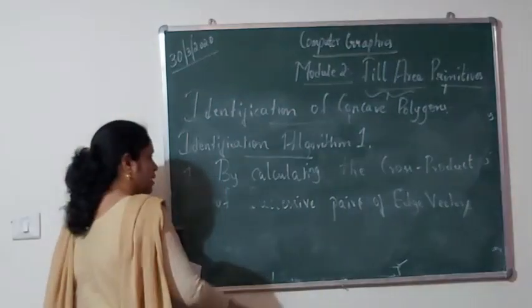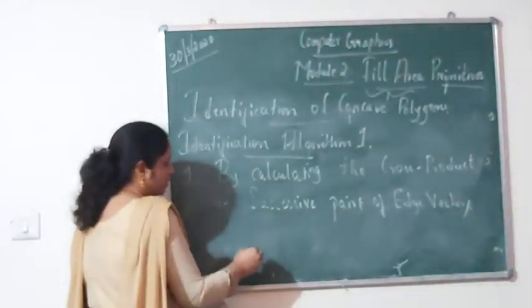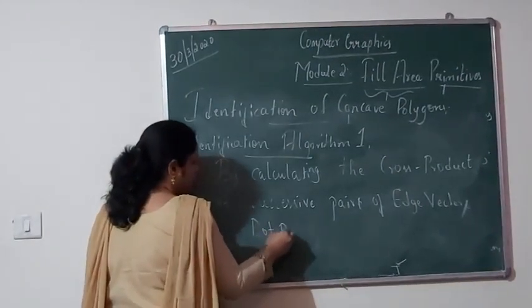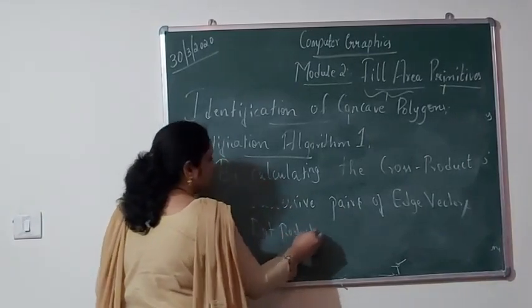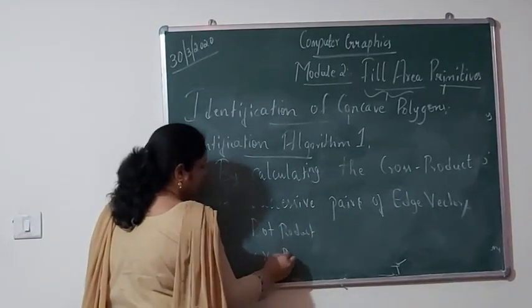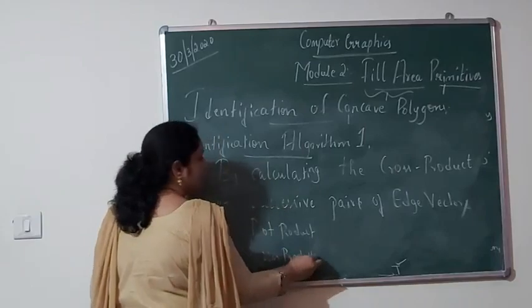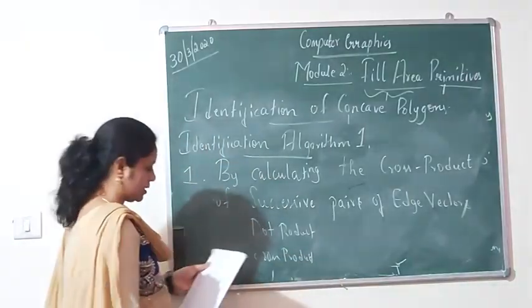We have already studied that there are two types of vector products, dot product and cross product. So here we are including the cross product of successive pairs of edge vectors.